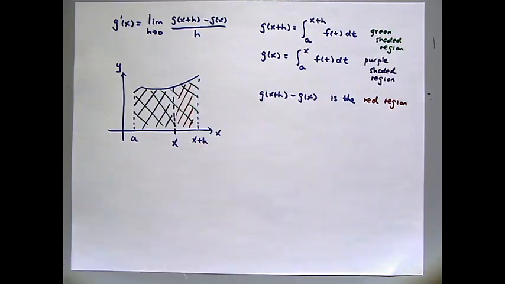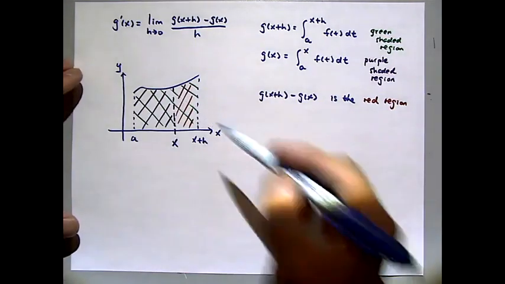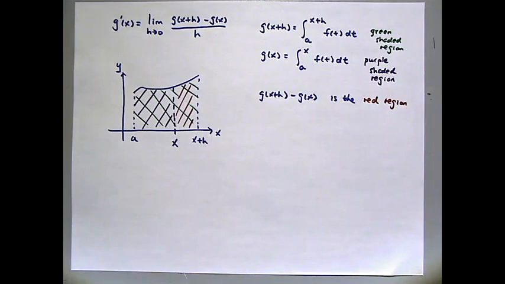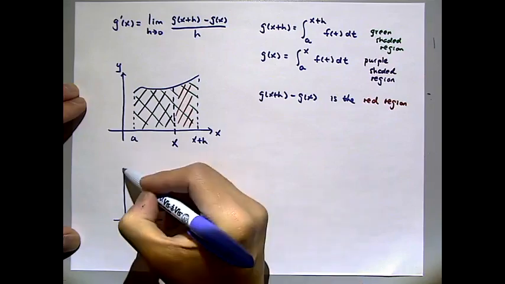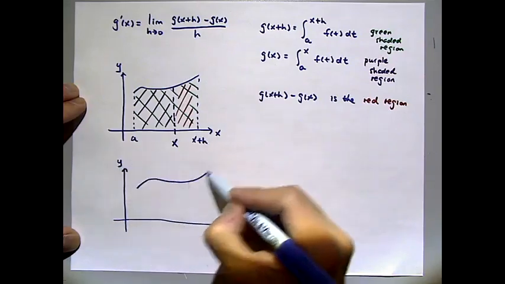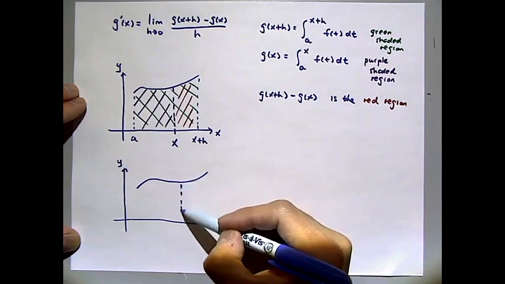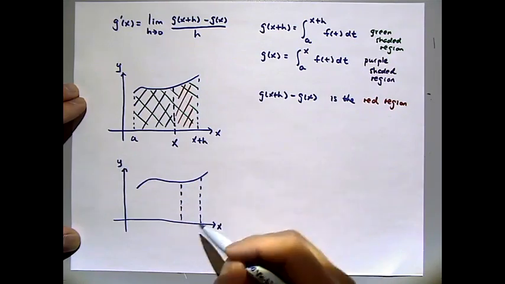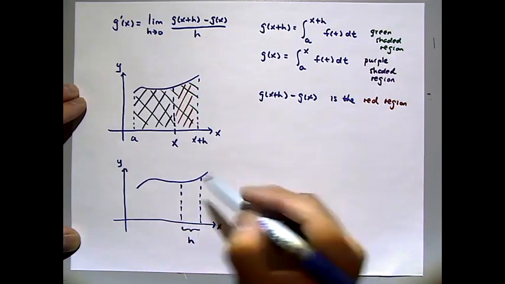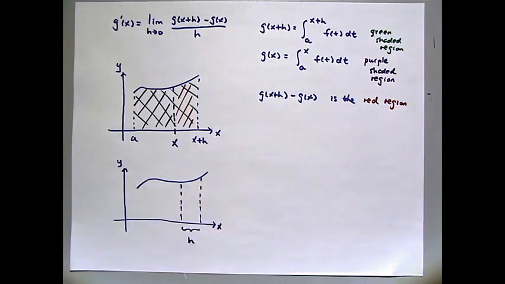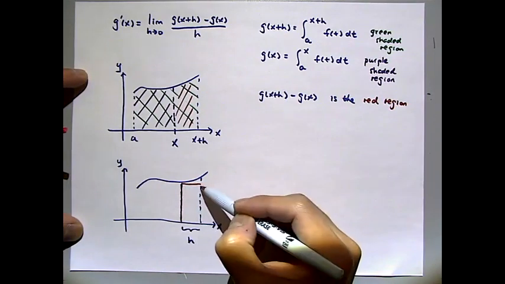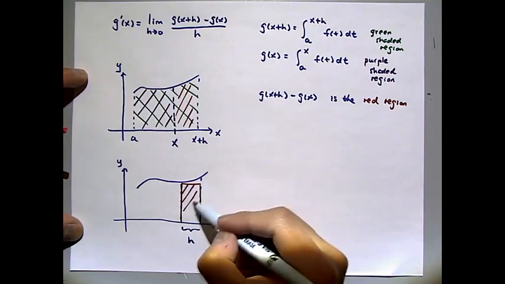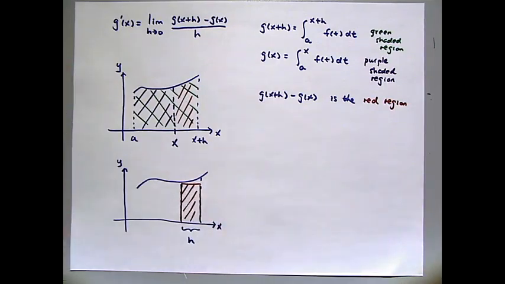Now we still don't know what that is, but we know we can put a rectangle inside that. So let me bring that out. We know from last time, we can think of this as being approximated by a rectangle using the left or the right endpoint of the interval as the height, right?